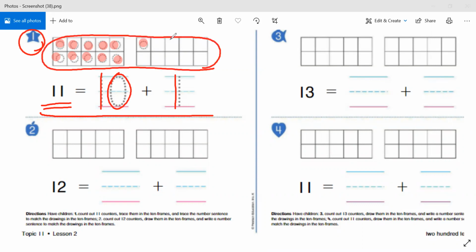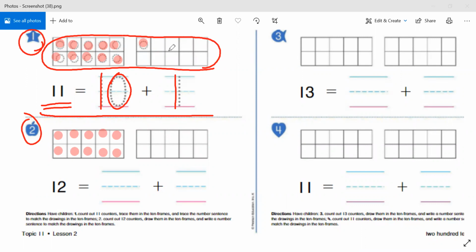10 and 1. Let's look at number 2. Count out 12 counters, draw them in the 10 frames, and write a number sentence to match the drawings in the 10 frames. So we are going to fill in our 10 frames with 12 counters. So when we fill in our first 10 frame, we don't have to count it.